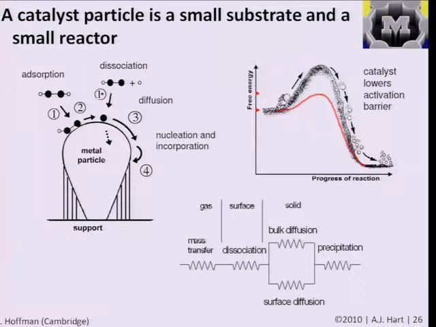And what we can see is that we can start to build a picture of how these catalyst particles that will grow nanotubes or grow nanowires in general are like small substrates and small reactors in and of themselves. So at the top left here, we have a picture that looks like what we saw at the start with a flat substrate where atoms hit the substrate and diffused and added or moved away.